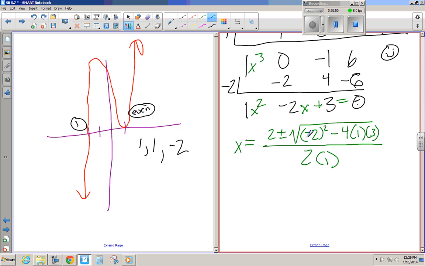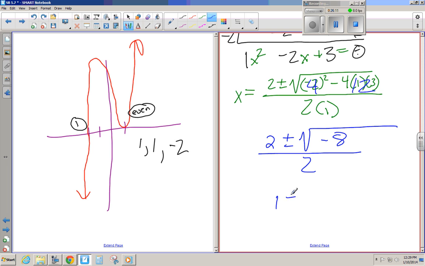Well, that's a 4 minus 12. 2 plus or minus the square root of negative 8 over 2, which we've actually seen before, and it becomes 1 plus or minus i square root 2. That's guided practice number 4.